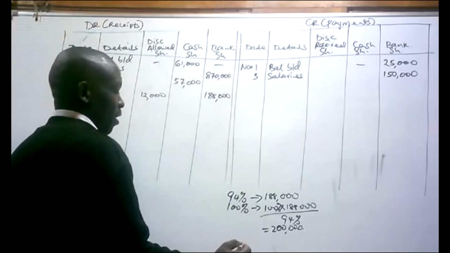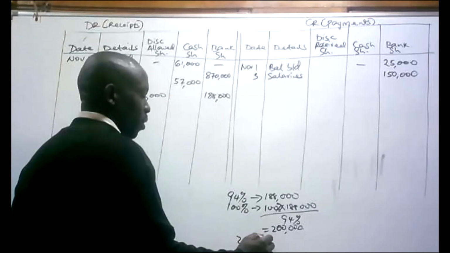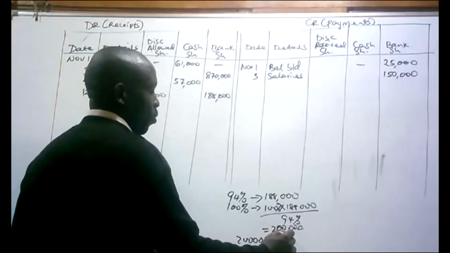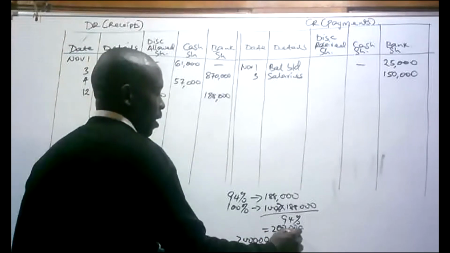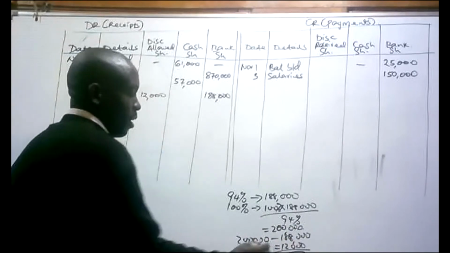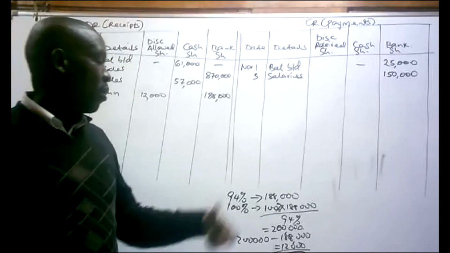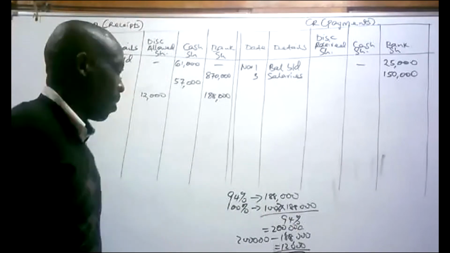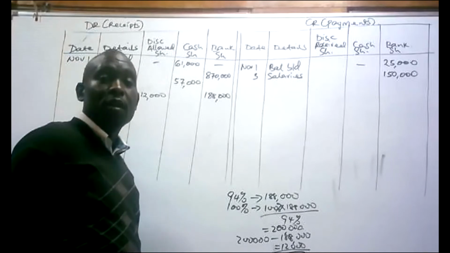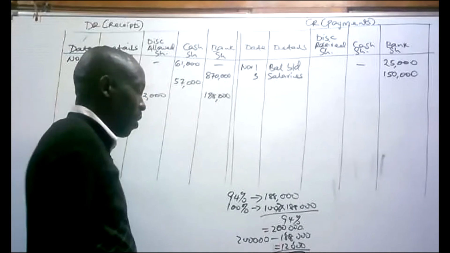That is the total amount that was supposed to be paid minus what he paid. You get 12,000, which is what remains. It is the same thing, but I find it to be having an extra step. But all the same, it does not matter. If this one is easier for you, you can go by that.